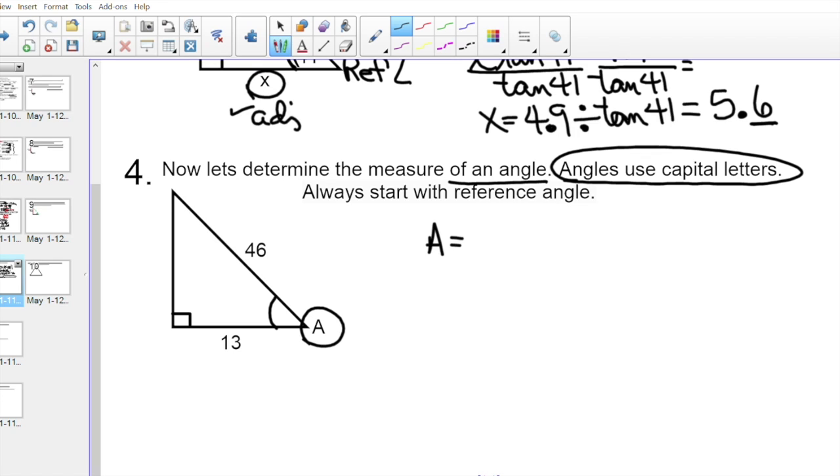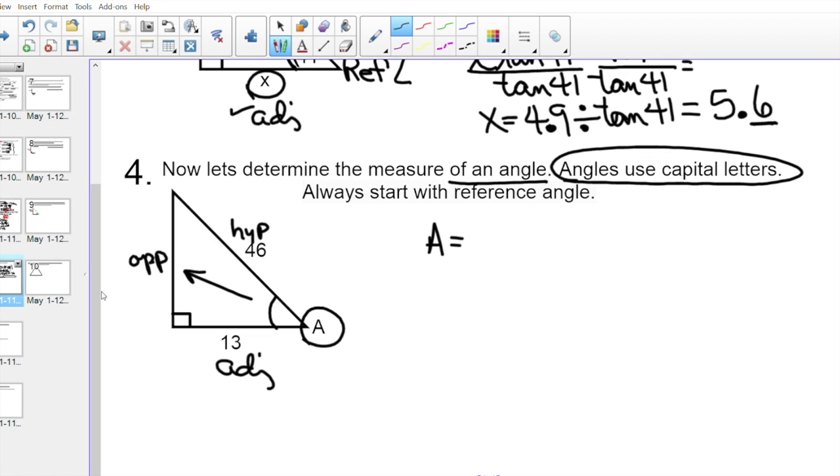We don't put another letter of the alphabet, like for instance X. We put A, or whatever the angle has. Now, this side is called the opposite side. Of course, this side is still called the hypotenuse, but the side that we have here is the adjacent.